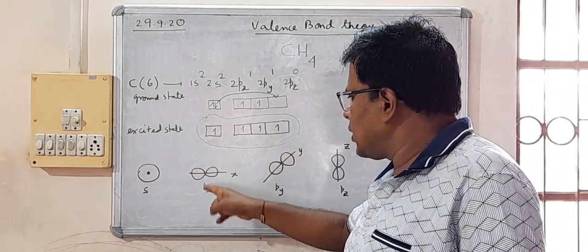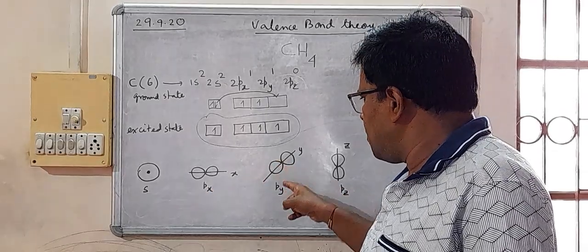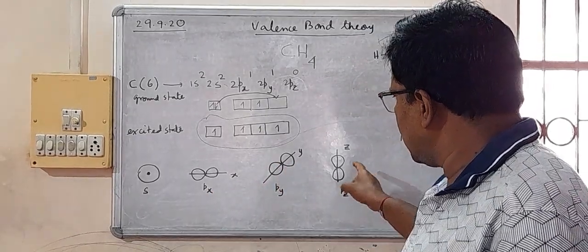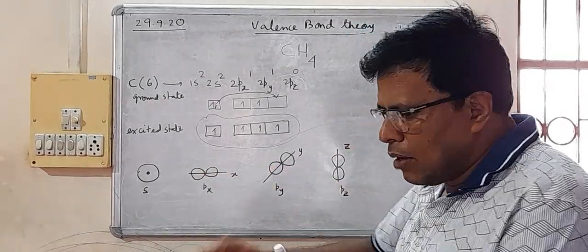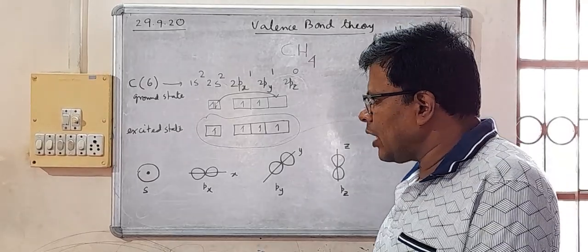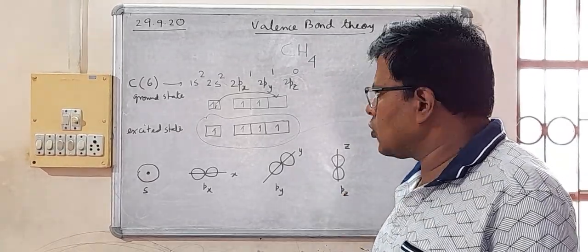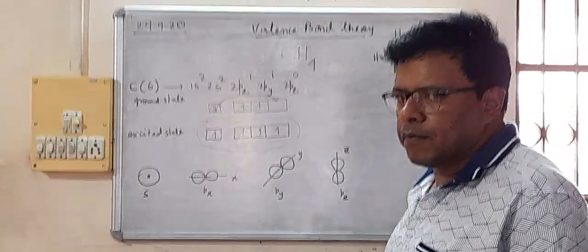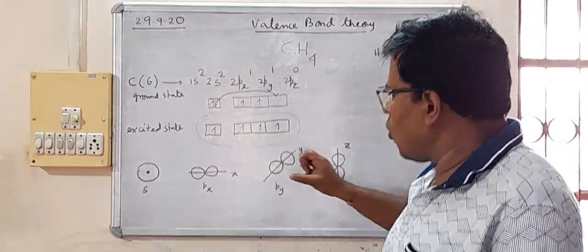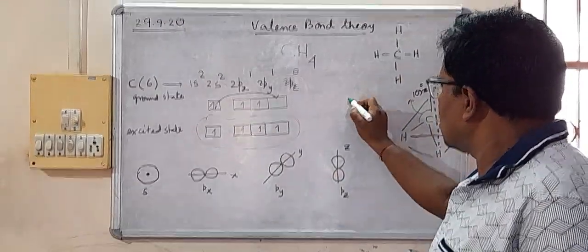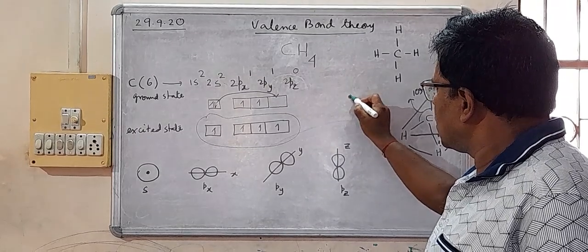So the s orbital, px orbital, py orbital, pz orbital, these 4 orbitals mix together and a new set of 4 orbitals are formed. I am drawing those 4 orbitals here.